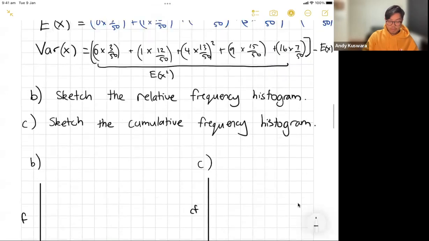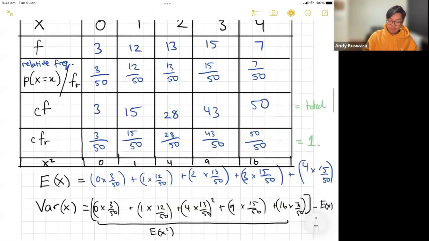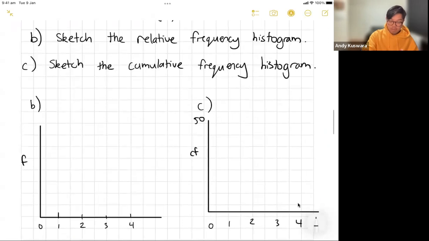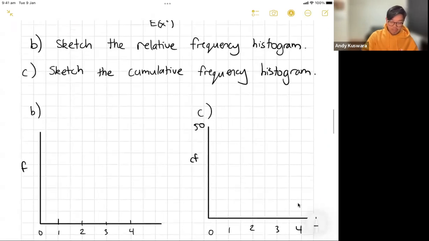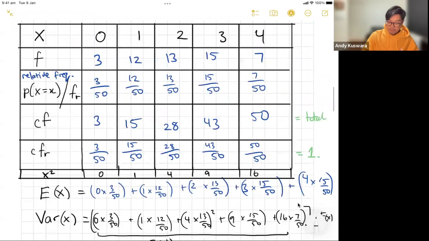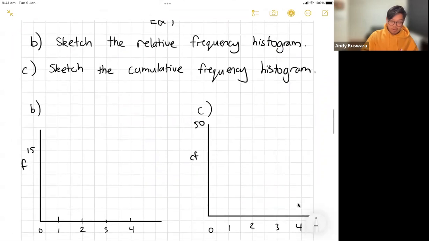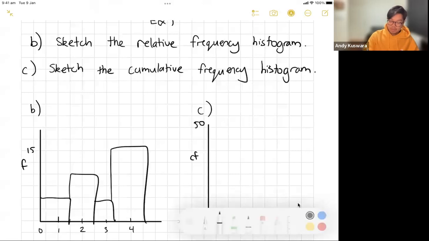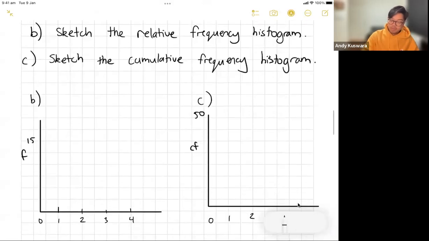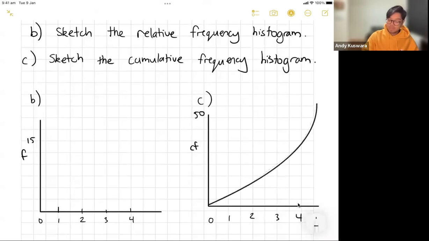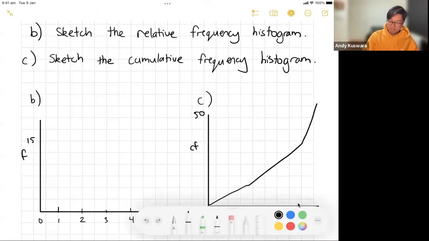And for cumulative frequency, we go all the way up to 50. For the other one, for your frequencies, we have at most about 15, so maybe we'll put 15 there. With your relative frequency, whatever they are, whether lower or higher, you fill those out. Whereas with the cumulative frequency, you use the numbers where they always add up, so it should continue to go upwards.